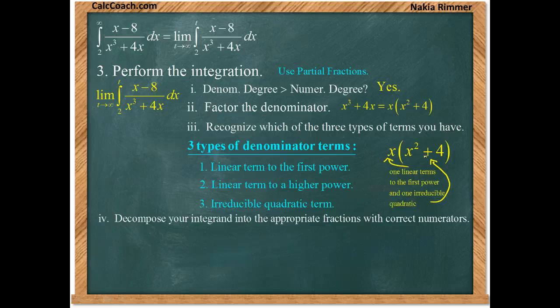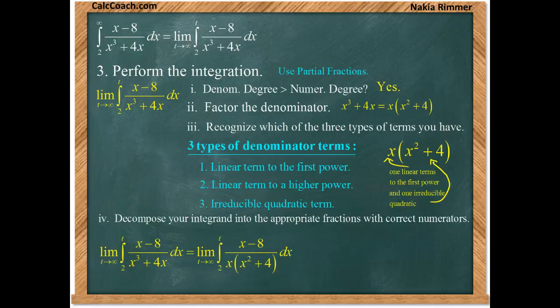The linear term would be decomposed by getting some constant over that linear term. And the irreducible quadratic then would decompose by getting some linear bx plus c over that irreducible quadratic. And it's our job to chase down what the a, the b, and the c are. We'll do that on the next slide.